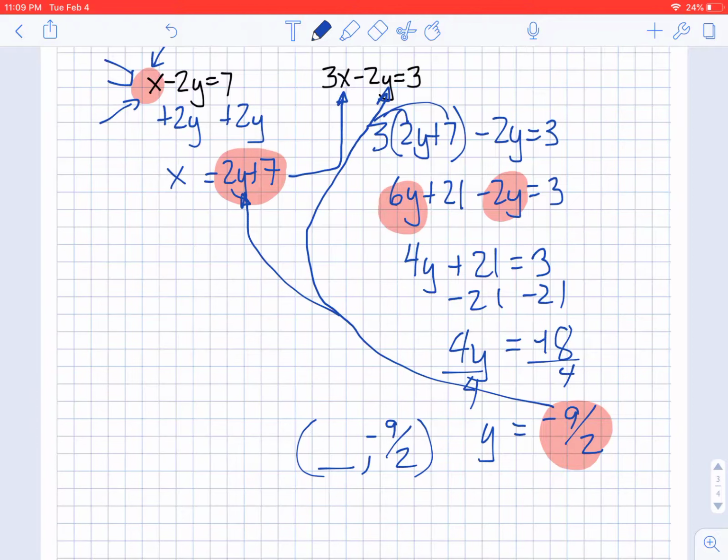Hopefully you see that this second option is easier. x is by itself, so if I just plug in the y value, I can figure out the x value. So 2 times negative 9 halves is negative 18 over 2 plus 7. So x is equal to negative 18 divided by 2, negative 9 plus 7.